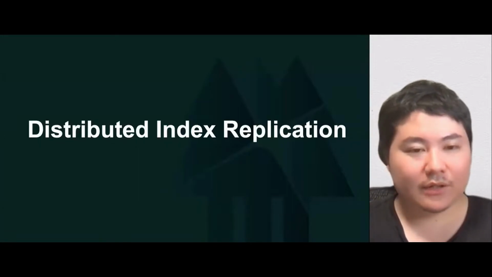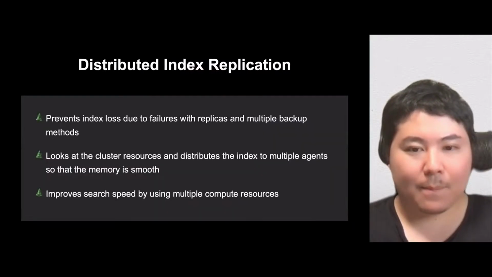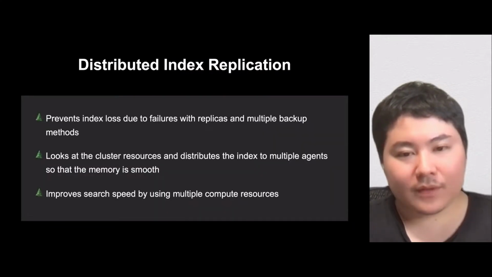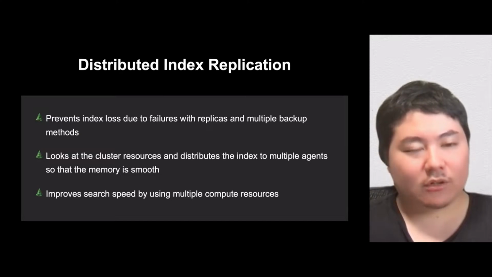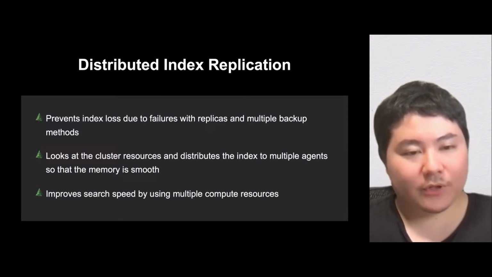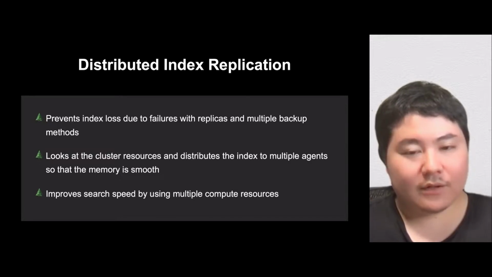Now, I'd like to give you a unique function of Vald, distributed index replication. The main purposes are three. One is to prevent loss of index due to failures. Another is indexing multiple indexes as evenly as possible to smooth out the memory usage of each agent pod and make efficient use of compute resources.